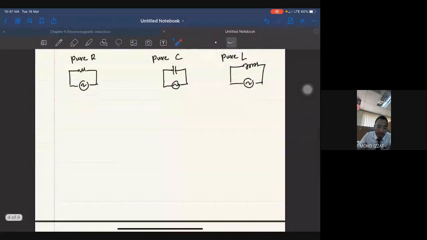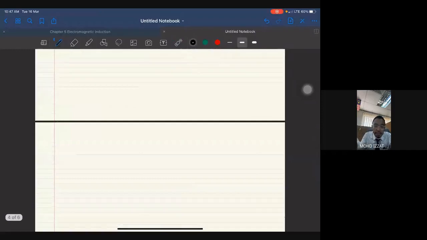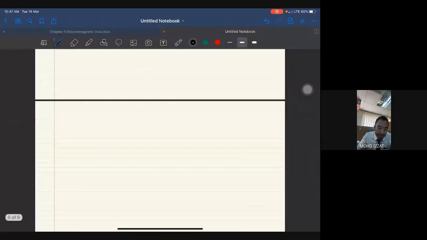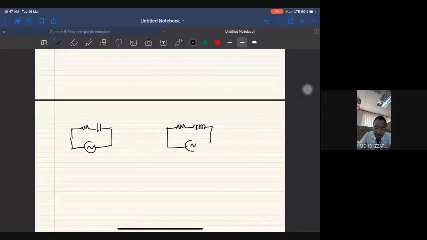And then you have 3 more, that is a combination of these. Every combination must have a resistor. So the resistor is a must, and then it can be combined, for example, with a capacitor. And then we have a resistor combined with an inductor. And then we have resistor, inductor, and capacitor, so all 3 combined.